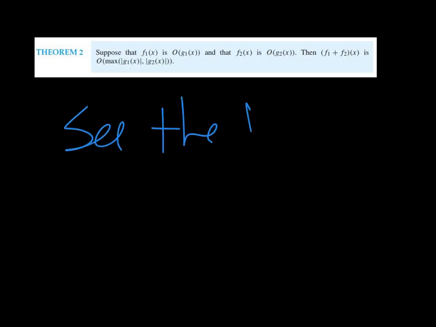See the book, because the proof in that is actually pretty good. So let's go on. Same here. You can look at the proof in the book, but this follows immediately from the theorem before. If both of these two functions, f1 and f2, are big O of g of x, then f1 plus f2 of x is just big O of g of x.